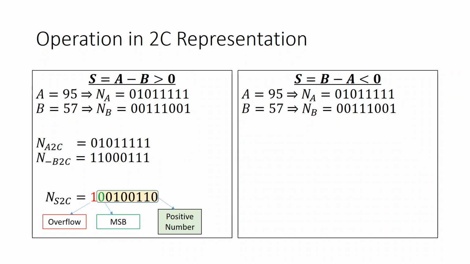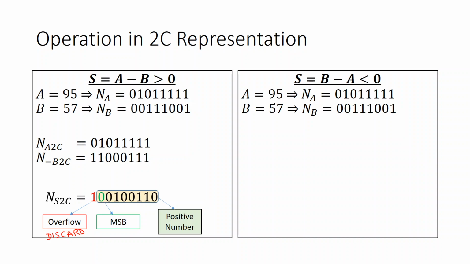What is the rest of the word? Look at the rest of the word. The handling of this overflow bit in 2's complement representation is that you discard it. So this overflow bit is discarded in 2's complement representation, or in radix complement representation in general.